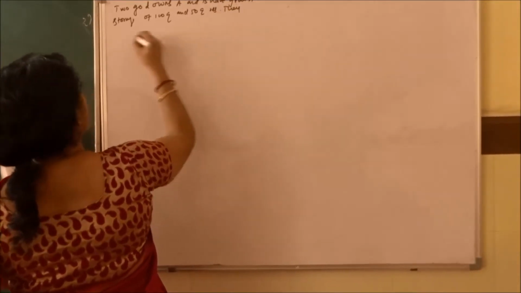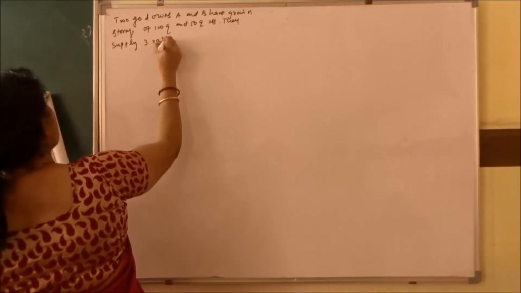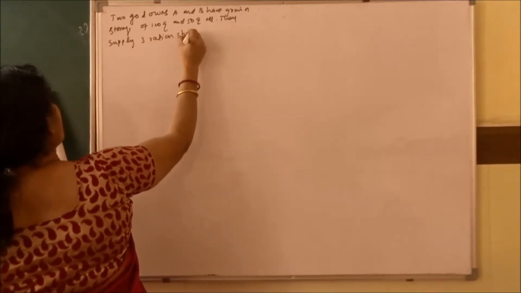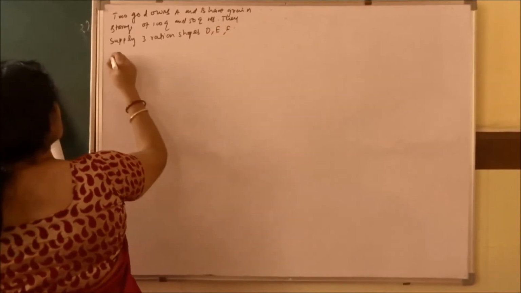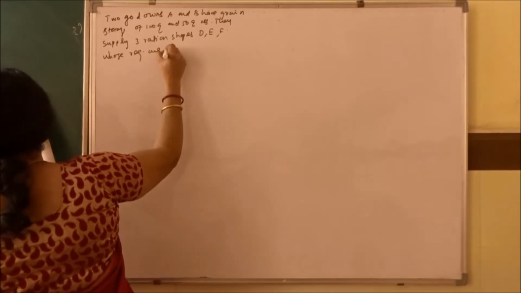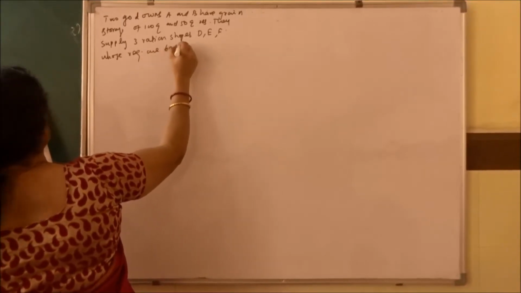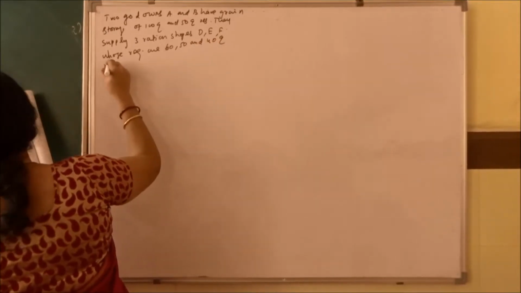They supply three shops, that is D, E, F, whose requirements are 60, 50 and 40 quintals respectively.